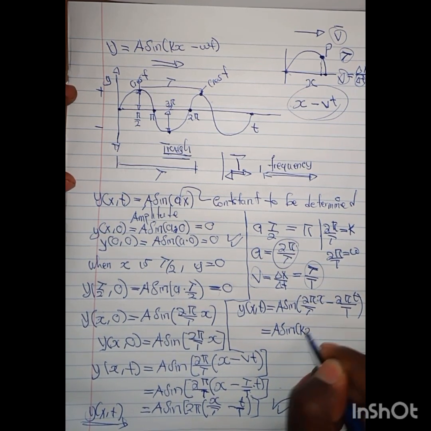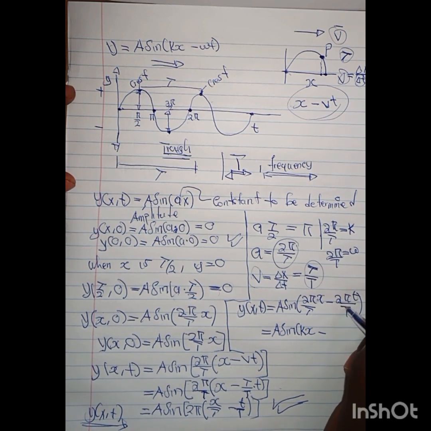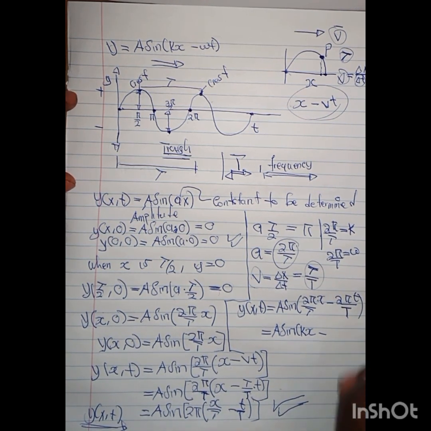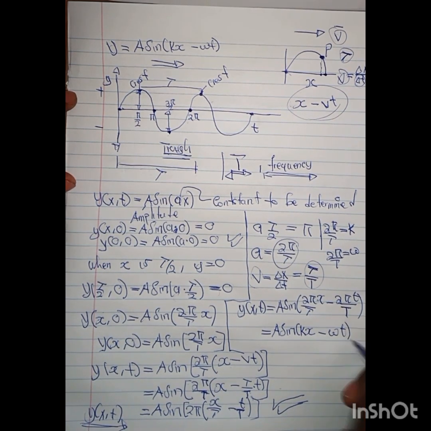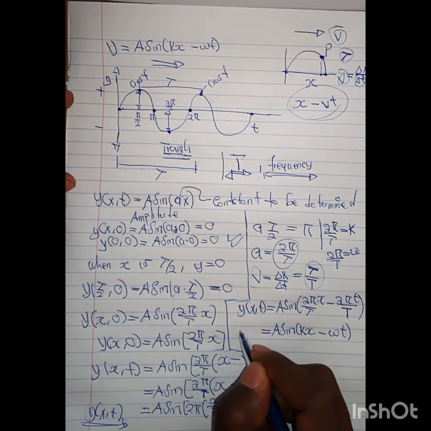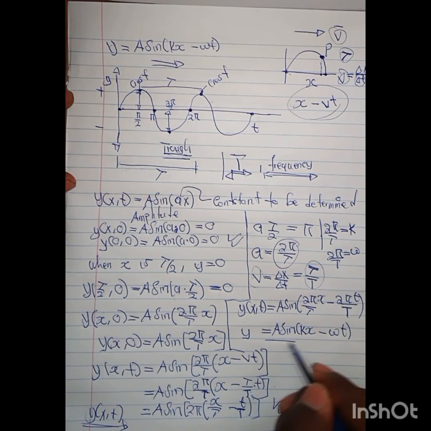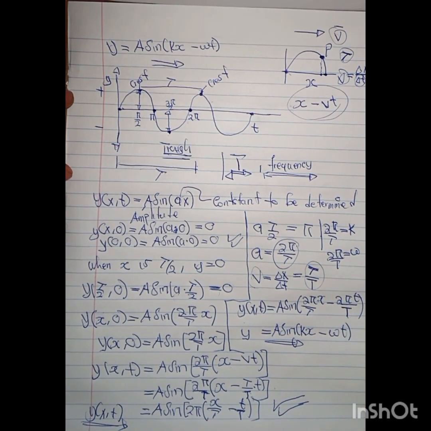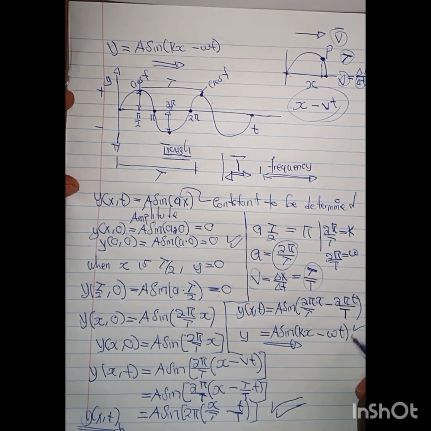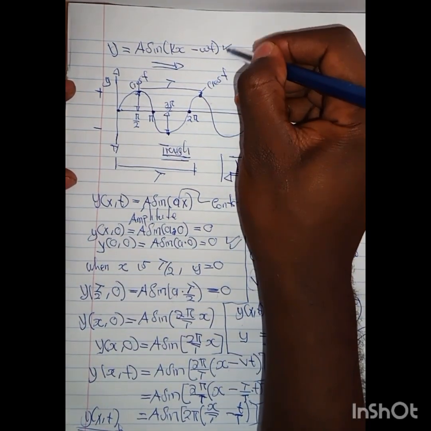So this will be kx minus 2 pi over the period, which is our angular velocity, multiplied by t. So this equation can be generalized in this form without having x and t in most of the cases. This equation is the one we had to derive or prove.